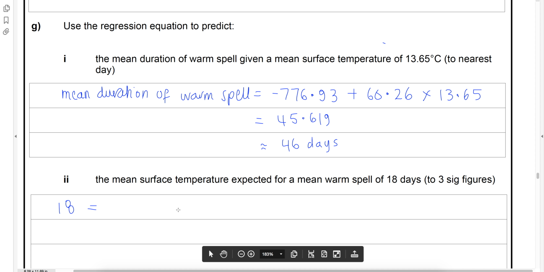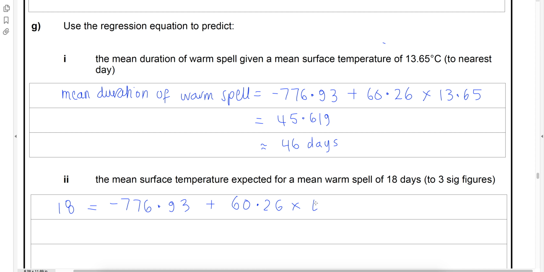In this next one, this prediction, the mean surface temperature expected. So this time we're solving for temperature when we want 18 days. So negative 776.93 plus 60.26 by temperature. I'll just call it T and I'll use solve. So menu 3.1.